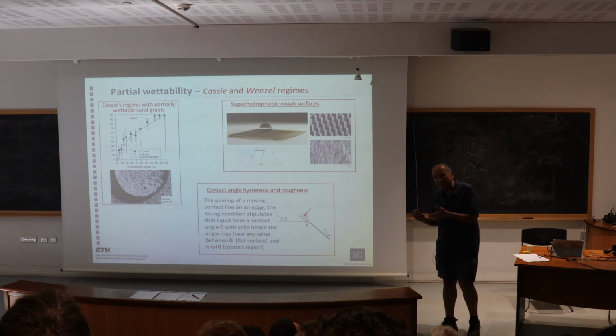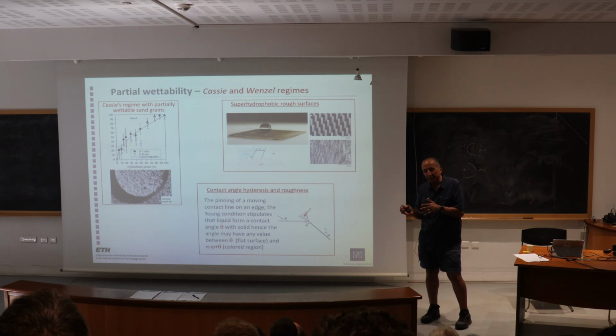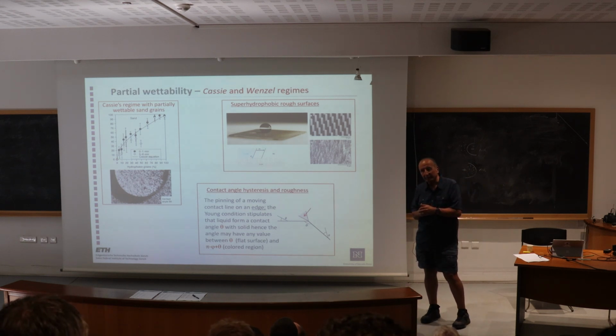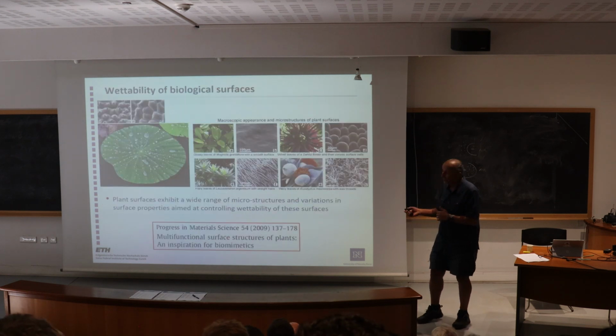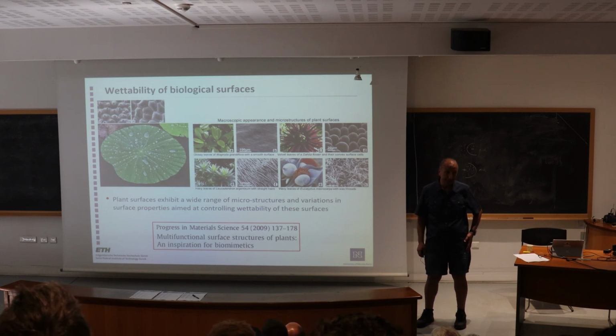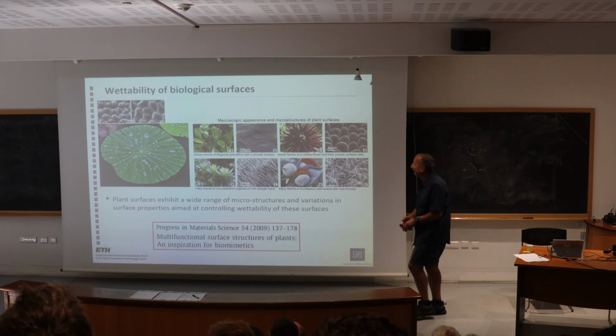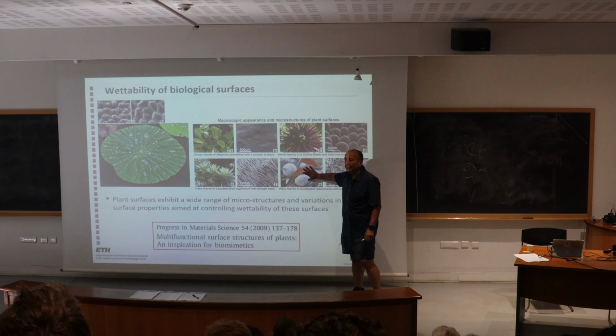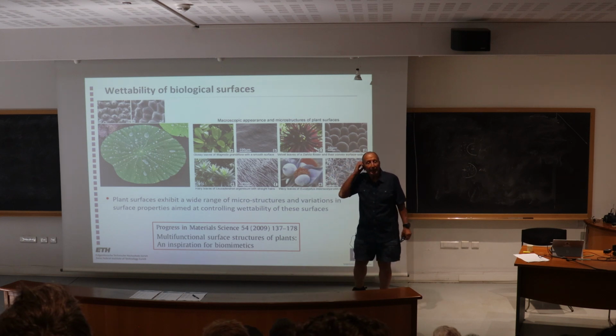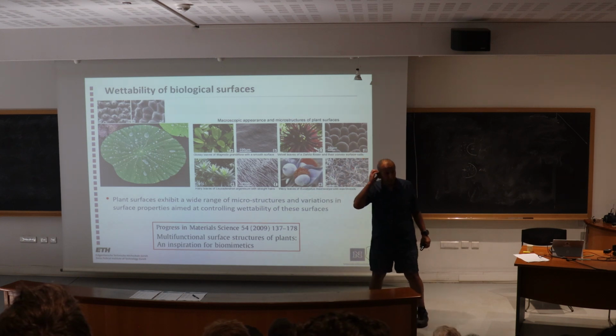So these are not necessarily rigorous equations, both Cassie-Baxter and Wenzel, but they are very good approximations for practical applications. Also, nature knows about this somehow and manipulates the surfaces of leaves to remain dry or hydrophobic.